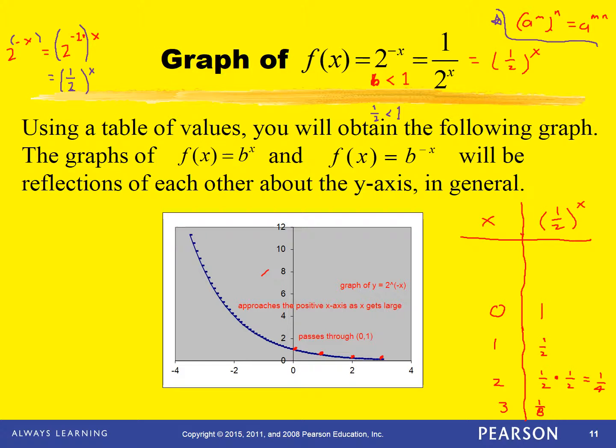Half of a half, which is 1/4. And then when x is 3, you've got half of a half of a half, which is 1/8. So that's why you have points like 3, 1/8, 2, 1/4, 1, 1/2, and as always, 0, 1.